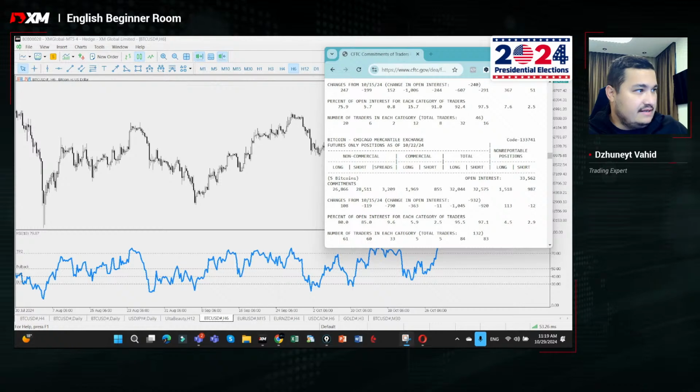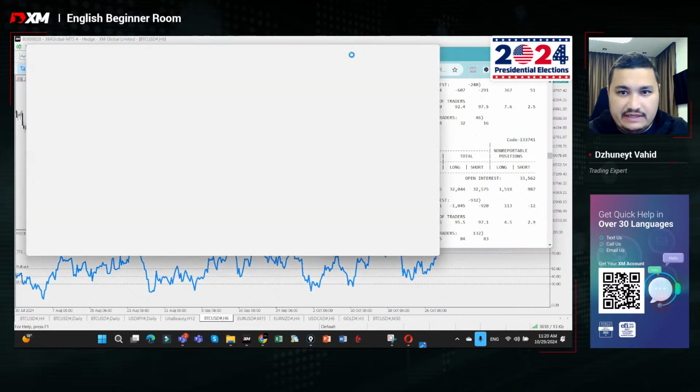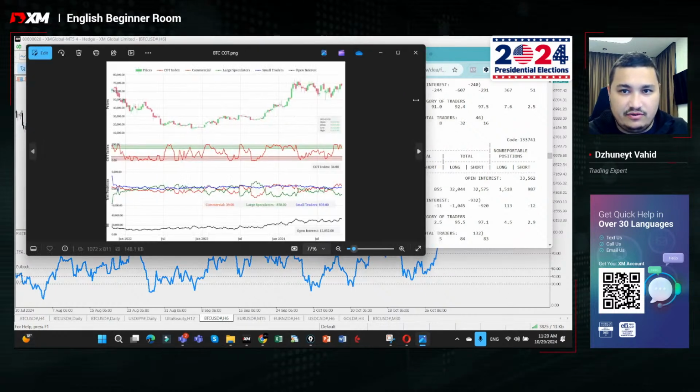Simply, as a beginner, what you can do in order to trade this instrument accurately by using COT report. This is actually better information. Look, two types of interpretation of the COT report.